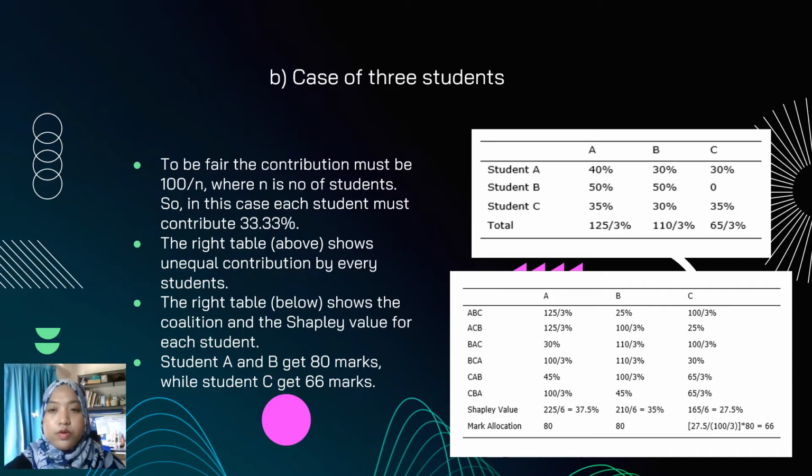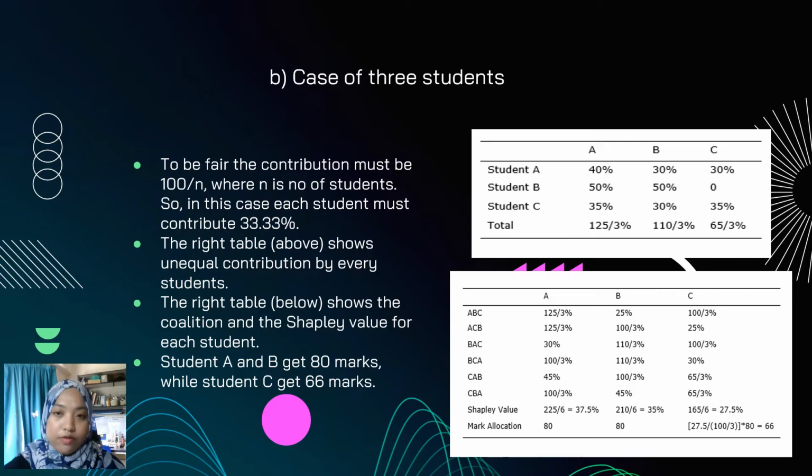Student A will contribute 125 over 3%, while student B will contribute 110 over 3%, and student C will contribute 65 over 3%. And you can see at the right table below the coalition and the Shapley value for each student. There are a total of 6 coalitions, which are ABC, ACB, BAC, BCA, CAB, and CBA.